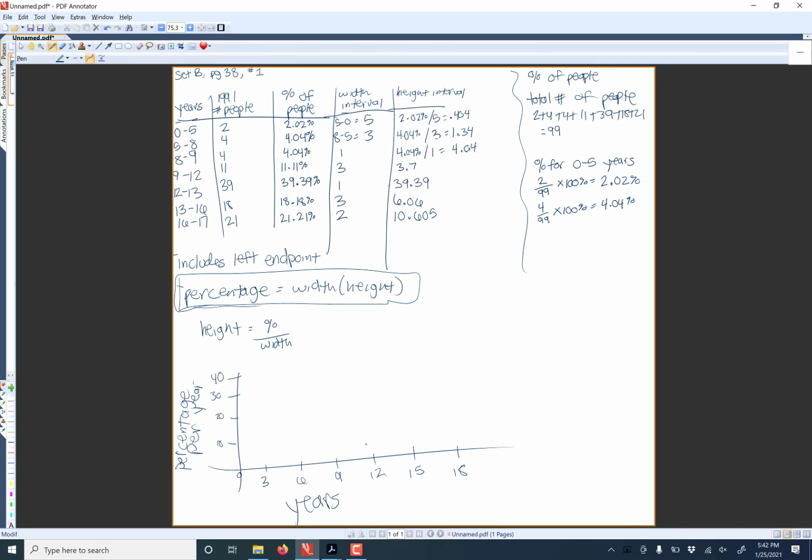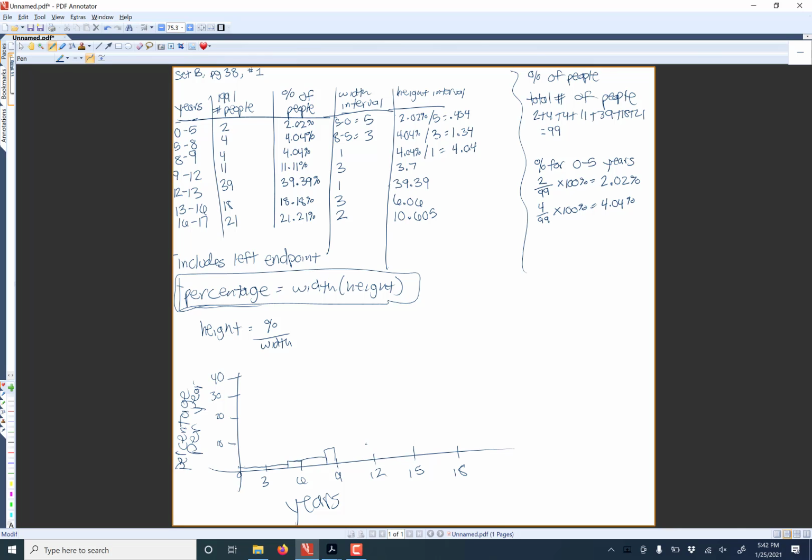So for 0 to 5 years, I should have a height of 0.404, so something really, really small. That's my first one. My next one should be 1.34, so just a little bit higher, and that goes from 5 to 8. It's so small that my computer keeps thinking I'm trying to erase it. Okay, my next one goes from 8 to 9 and has a height of 4, so a little bit higher.